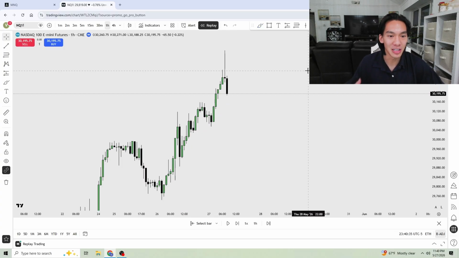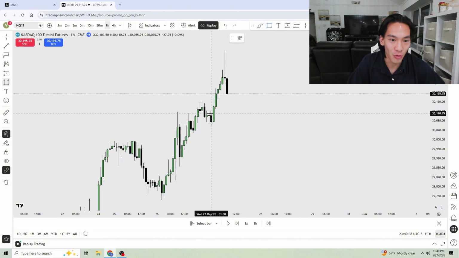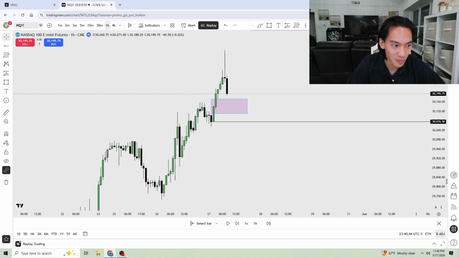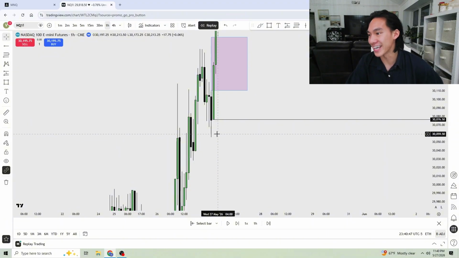So liquidity I was looking at here was, of course, this fair value gap here. And then there were also London lows right here, which was a no wick hourly candle.